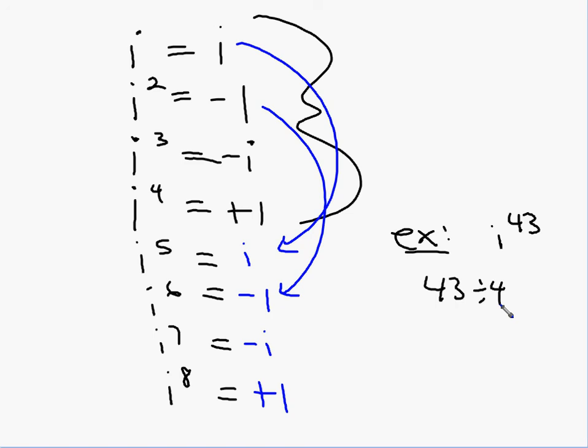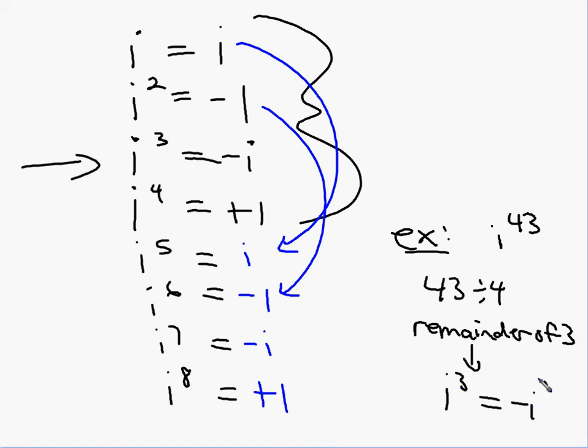And what will your remainder be? Isn't it going to be 3? You're going to have a remainder of 3, so you treat it like i cubed. Okay? So you go back to my original list. i cubed is negative i. Okay? And we'll stop there for today.